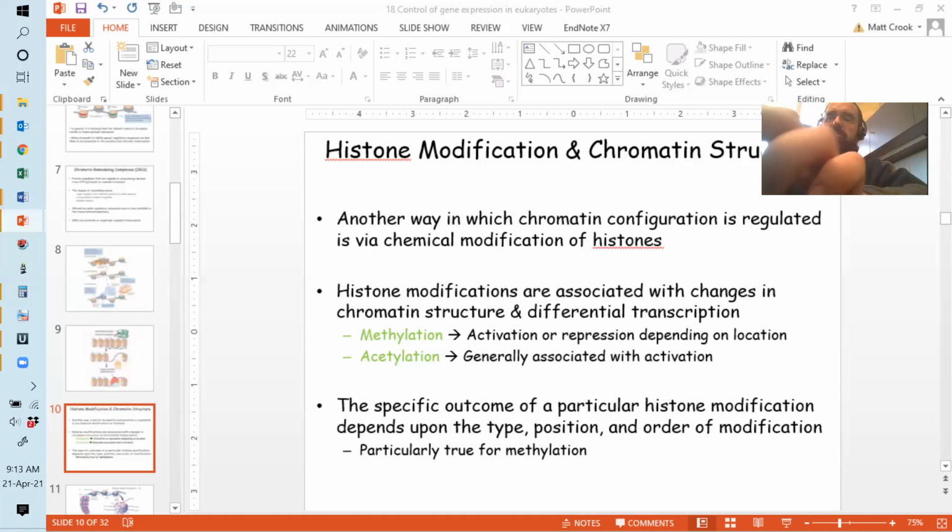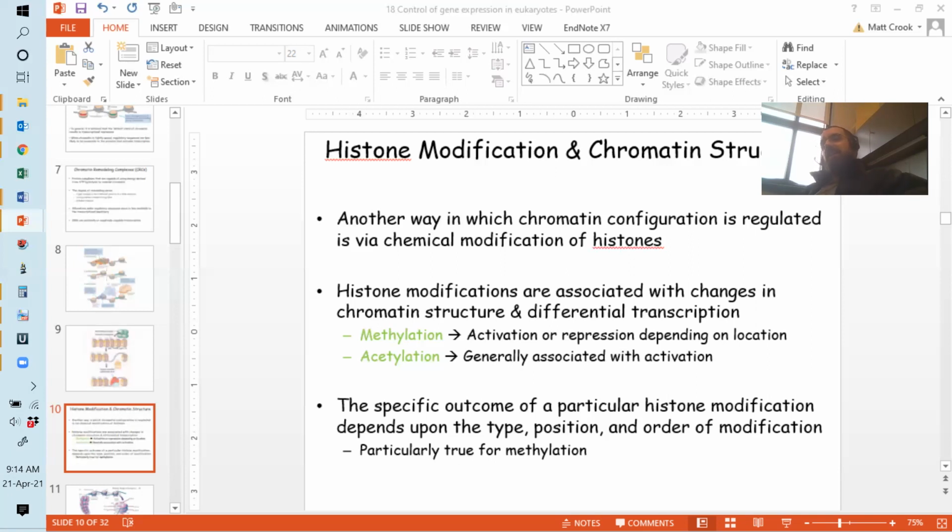I'll just type that out. And you can't change the charge of DNA, essentially, because it is what it is. It's a fundamental property of the backbone of DNA. So the thing you can change is the charge of the histones. And so depending on whether those histones are positive or neutral determines how tightly that DNA binds to those histones.